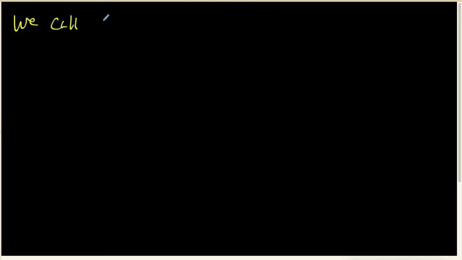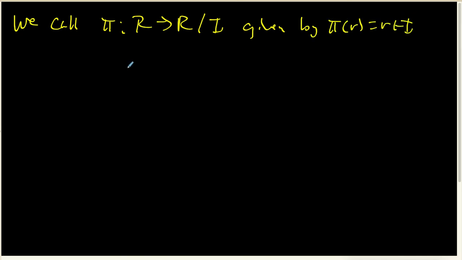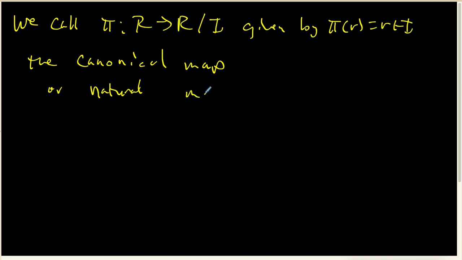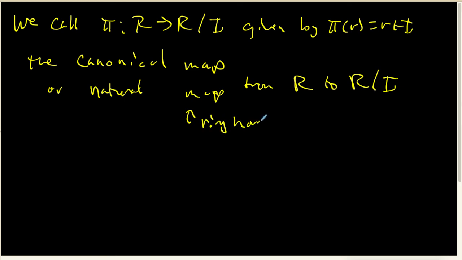We call this map that goes from R to R mod I given by pi of r is equal to r plus I the canonical map, or the natural map from R to R mod I. And by map here, we actually mean a ring homomorphism.